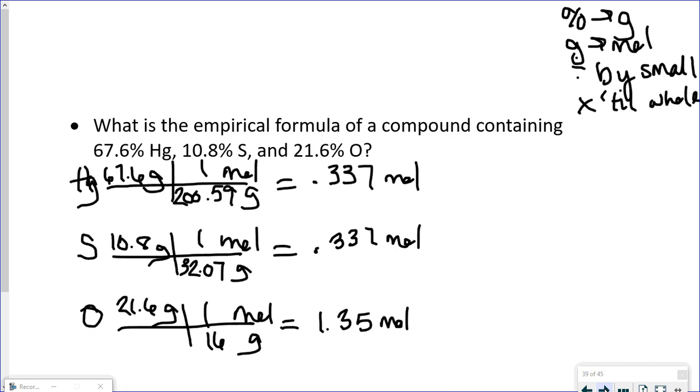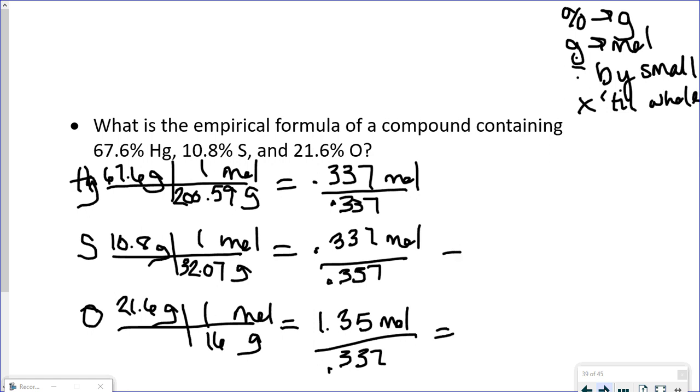Our third step is divide by small. So the smallest number of anything is the 0.337. So we're going to divide everything by the 0.337. So for mercury and sulfur, 0.337 divided by itself is equal to 1.